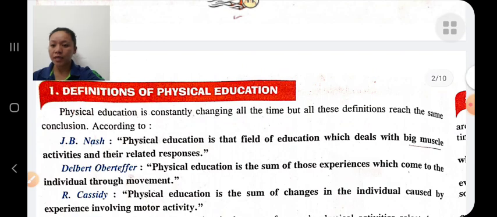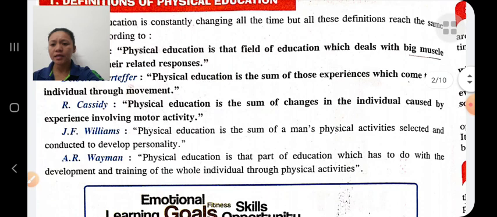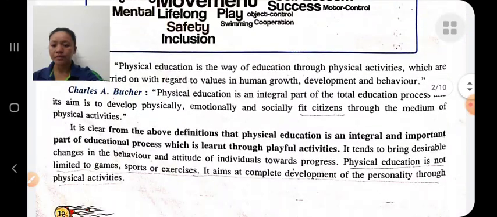The aim of physical education is the complete development of an individual. Physical education is not limited to games and sports or exercise.